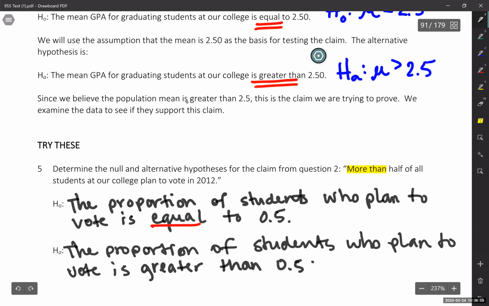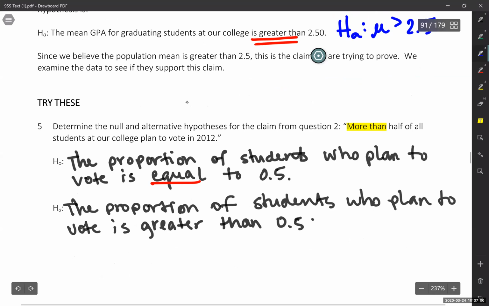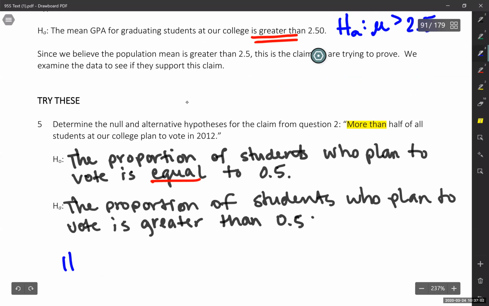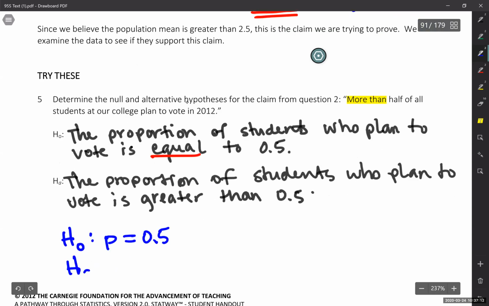All right, so again, going back to symbolic notation, I could say that the null hypothesis is that the proportion is equal to a half, and the alternative is that the proportion is greater than a half.